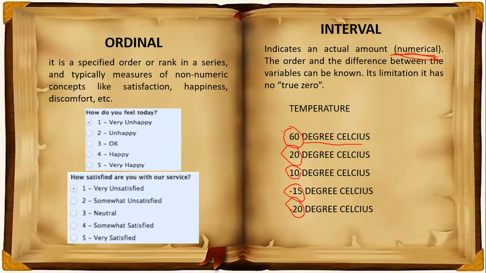So, like for example, si 60 ug si 20. Pila man ang ilang interval or gap sa duha, class? Okay, very good. It's 40 degrees Celsius. Mao na ang ilahang gap. Okay? Unsa man ang gap, sir?